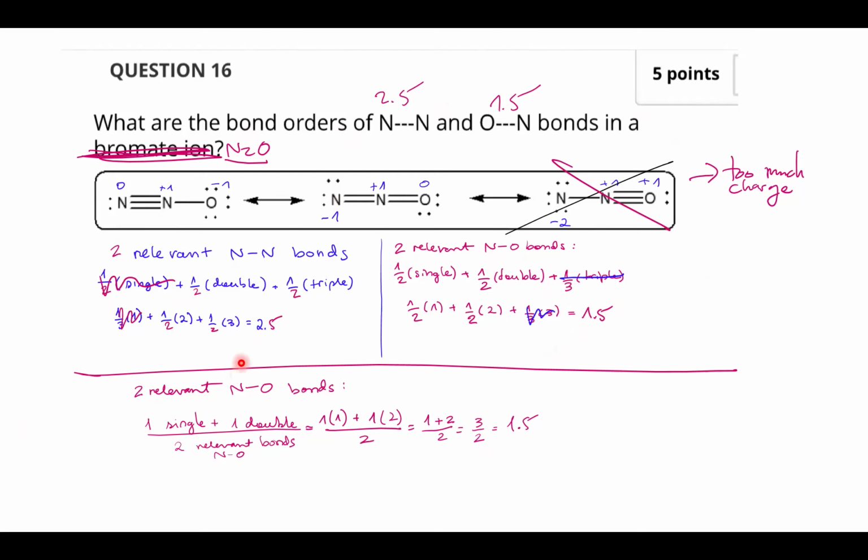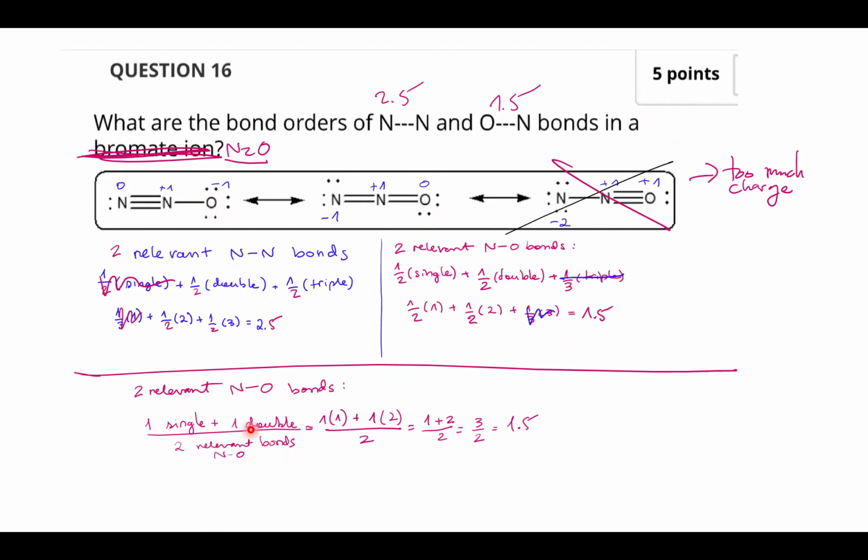I said two relevant NO bonds because you have one single NO right here and one double right here, over two relevant bonds of NO, 1 and 2.